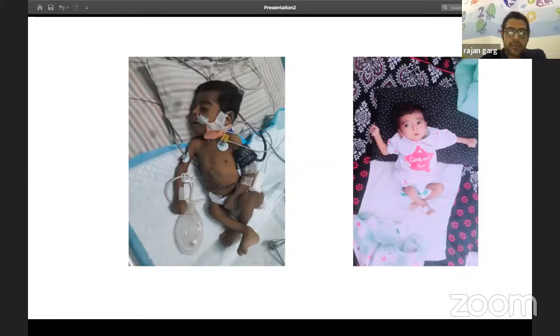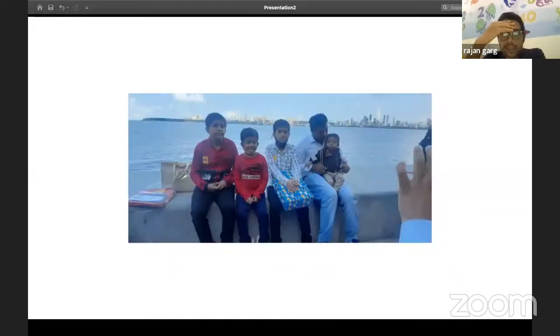He was the youngest transplant kid and also with the lowest weight. And this patient had a successful, very good outcome. Only 4.7 kilos.